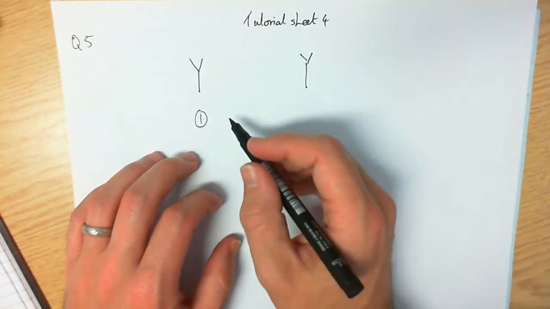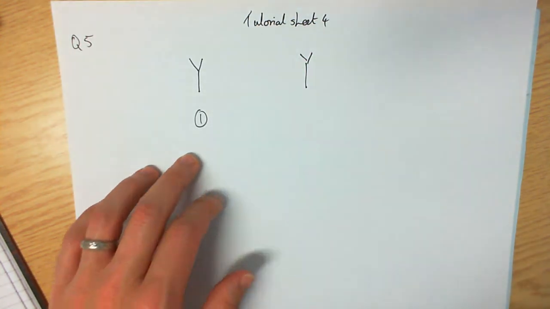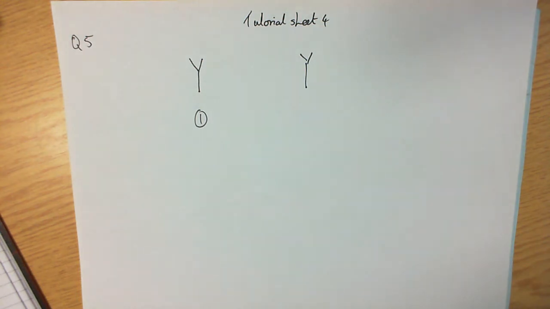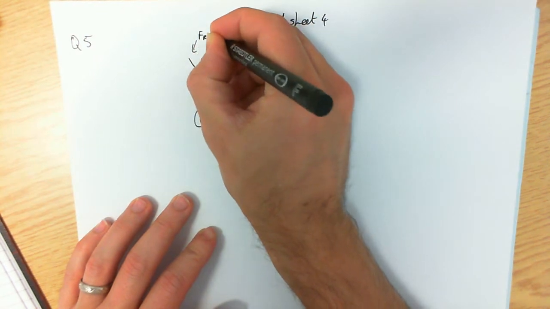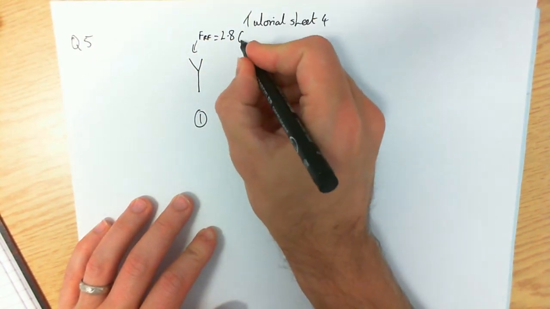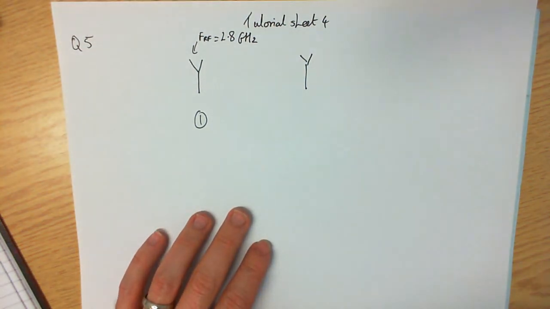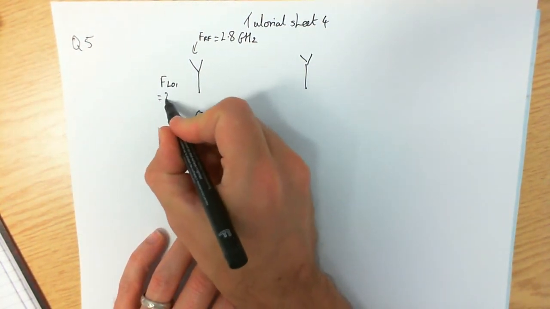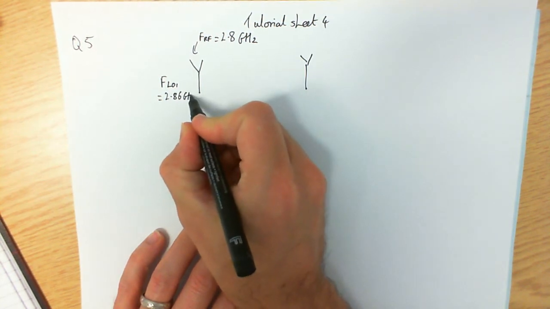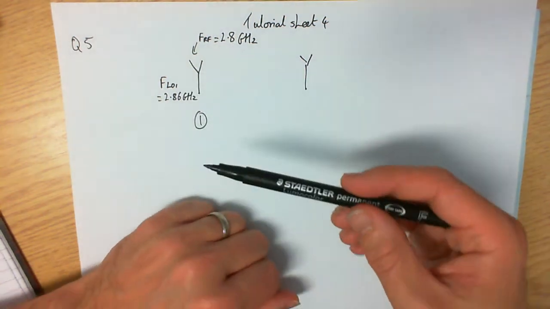So these are just antennas, and the first receiver is tuned to a signal, so an incoming signal into here with an RF frequency of 2.8 gigahertz, and it has a local oscillator which is equal to 2.86 gigahertz. So that's what we're told about the first receiver.